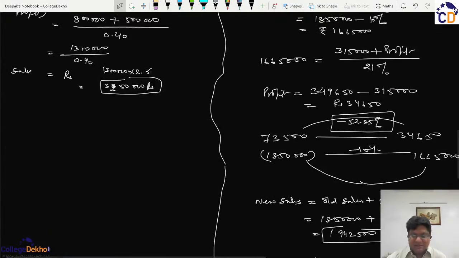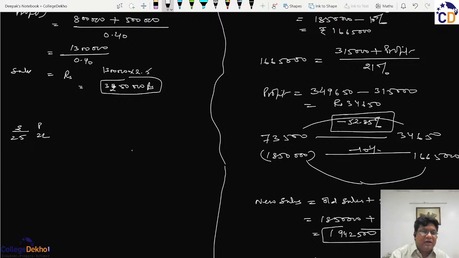So we can summarize that when the sales was 25 lakhs, the profit was 2 lakhs. When the sales was 30 lakhs, the profit was 4 lakhs. When the sales was 32.5 lakh, the profit was 5 lakh. It means the total cost here was 23, here it was 26, and here it will be 27.5.